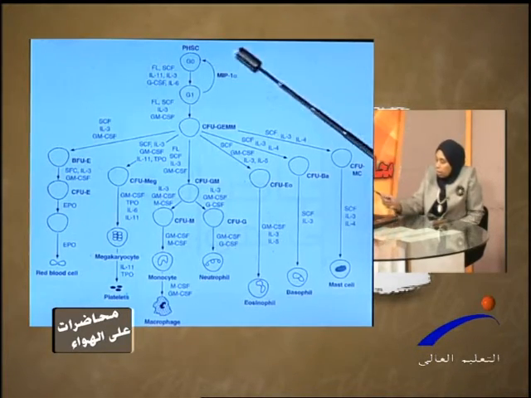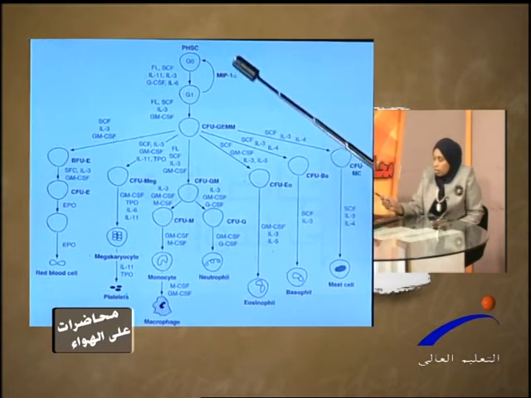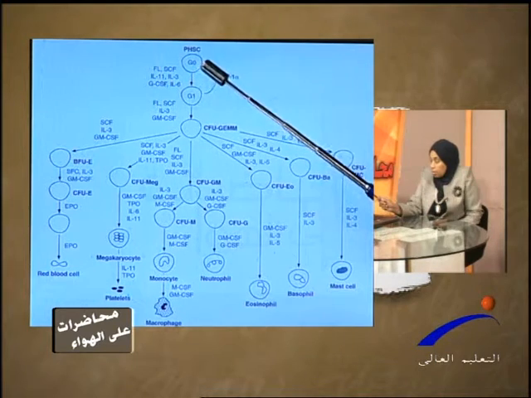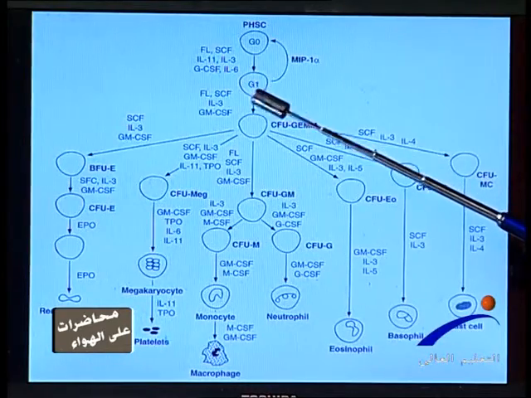This is a very nice diagram about myelopoiesis, in which we have the pluripotent hematopoietic stem cells. Normally, the hematopoietic stem cells are present in stage G0. G0 means a quiescent, non-dividing stage. But when there is a stimulus and there is division, it goes to stage G1.